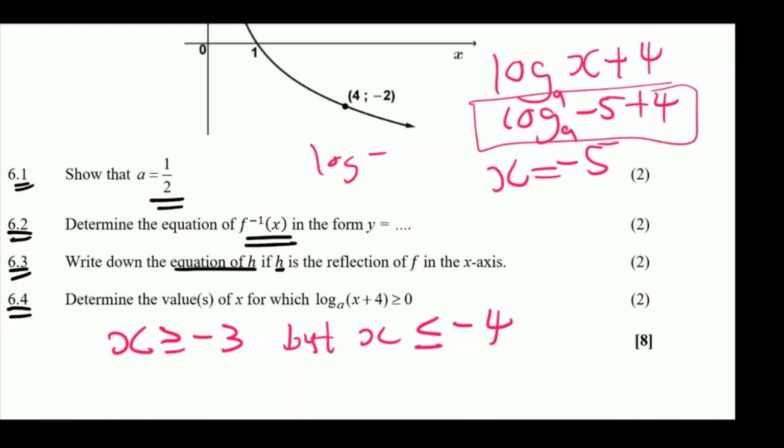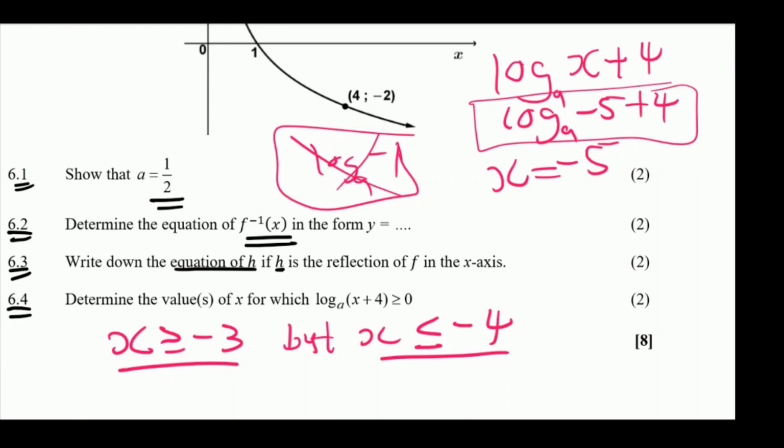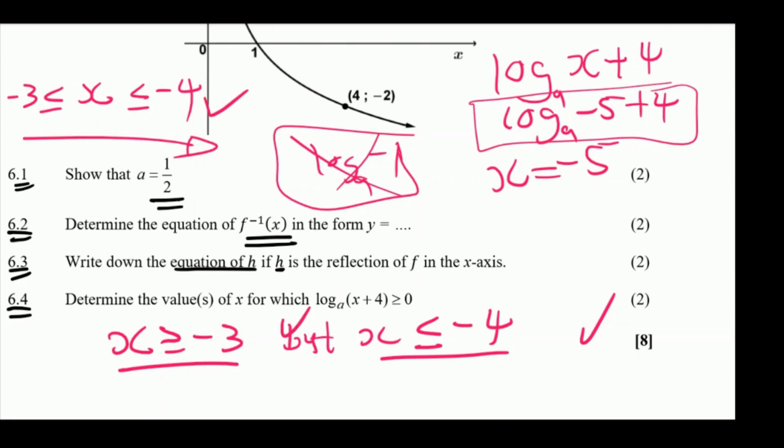It's log of -1 base a, which won't give you a solution. Hence I say x must be greater or equal to -3, or x must be less than or equal to -4. So someone can simply write it as x must lie between -3 and -4. So both these are correct. So that is the solution of your values of x.